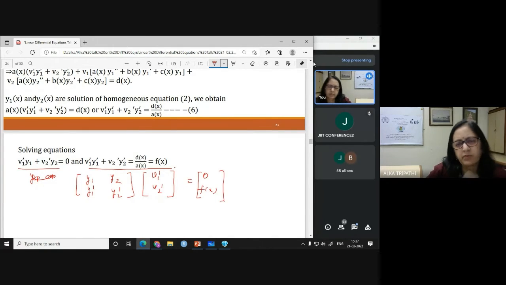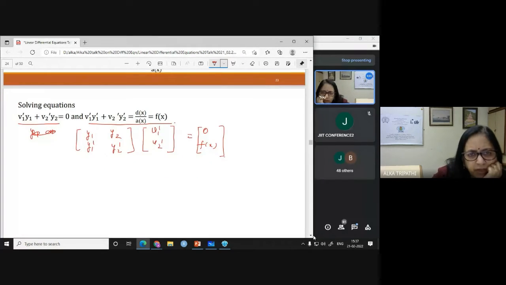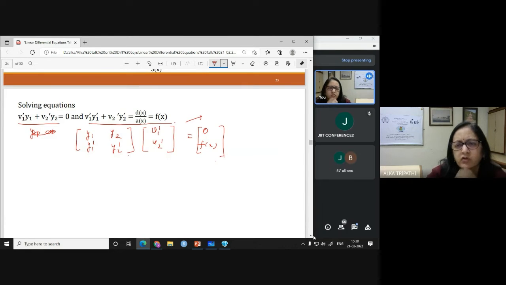You can just multiply the matrix and see yourself. This is the matrix form for this. I'm writing this in matrix form so that it becomes easier for me if I want to solve third order equations or fourth order equations and all.